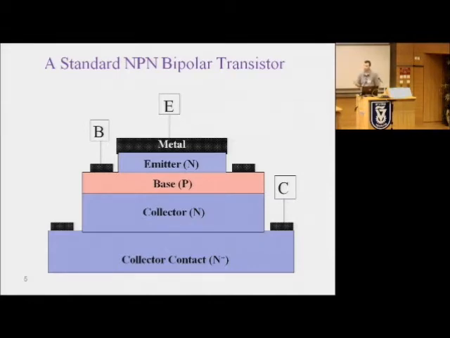In the forward active state of the device, the base-emitter junction is forward biased, so electrons are injected from the emitter into the base. And the base-collector junction is reverse biased, so electrons, or minority carriers, are collected here. At the collector terminal, we're measuring the minority carriers, or electrons in this case. And at the base terminal, we have majority carriers, or holes in this case.